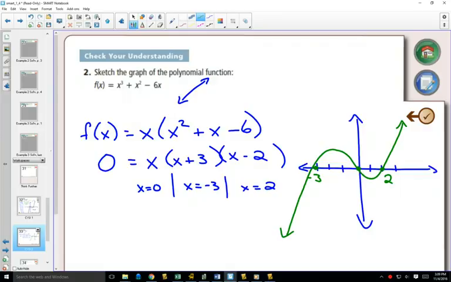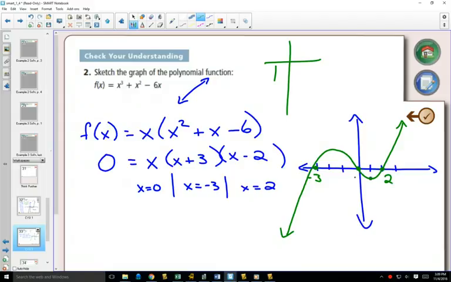If you wanted to be more accurate, you could use the table of values like we did in example 1. What might be some values that I would like to add to this one? Maybe I want to find out how far down it goes at 1. So if I plug in 1, what do I get? 1 times 4 times -1 is -4.